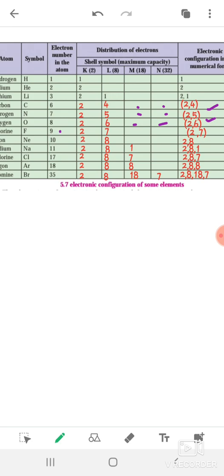Now fluorine has 9 electrons. The first K shell will fill with 2 electrons, then the L shell fills with 7 electrons. 7 plus 2 is 9, then the last two orbits will be empty like the others. So 2, 7 is the configuration of fluorine. Now next is neon.